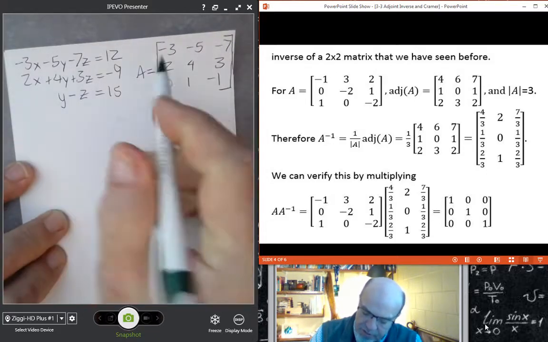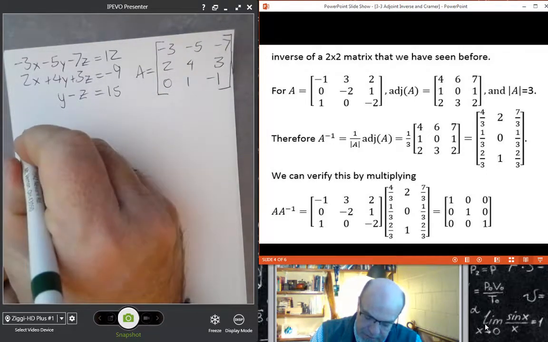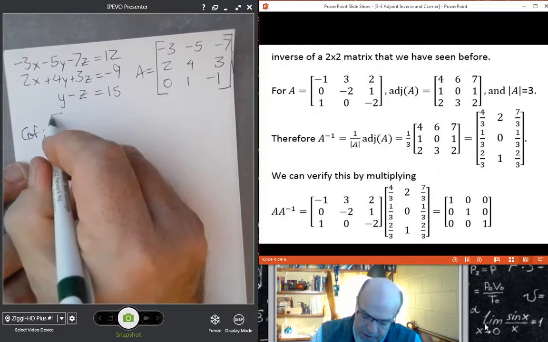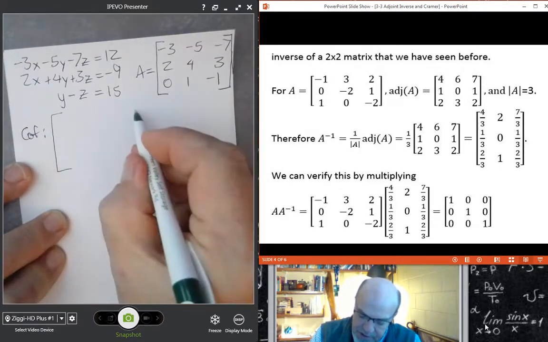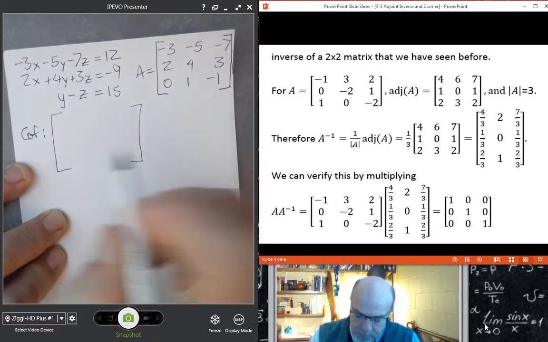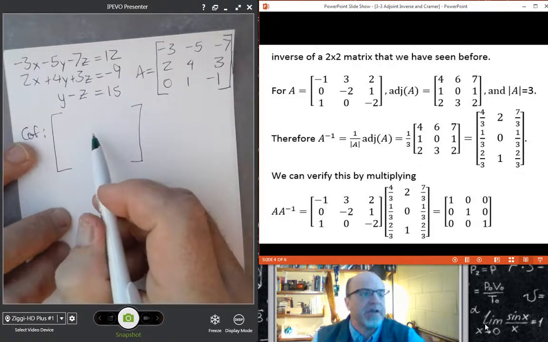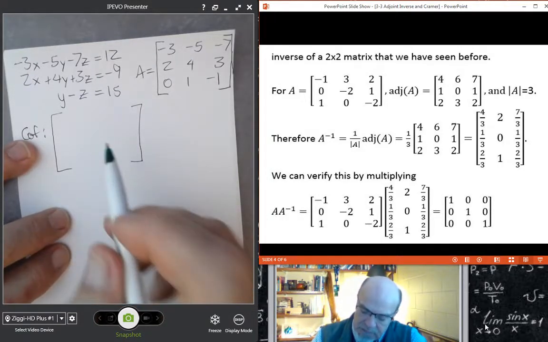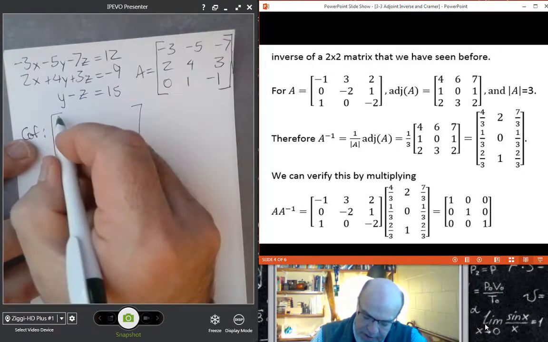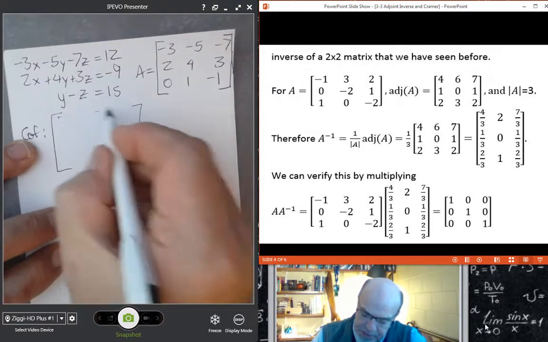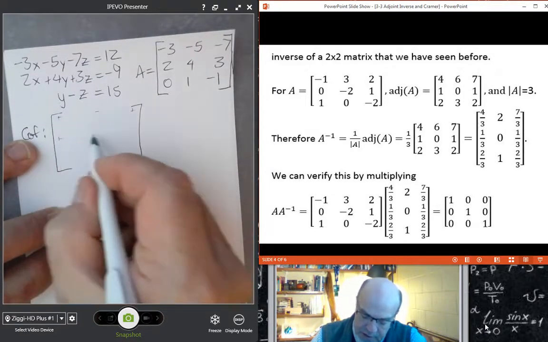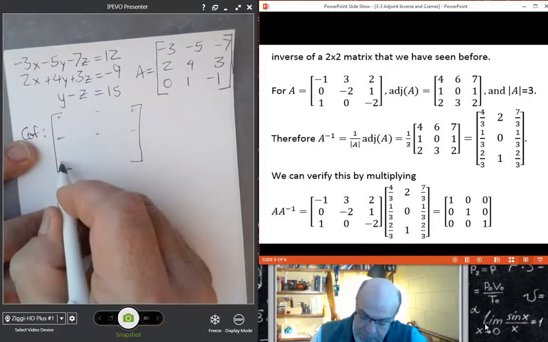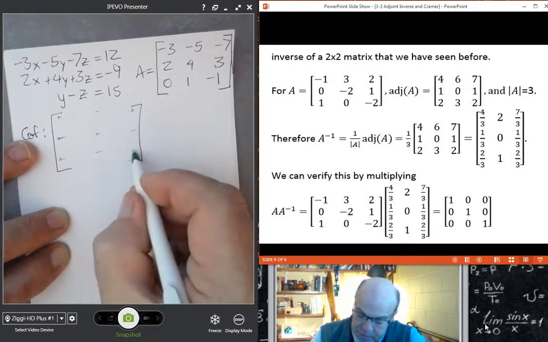So first of all, let's just look at the cofactor expansion, and then we'll take the transpose of this. After we take the cofactor expansion, we'll take the transpose, and that'll give us the adjoint. Okay? So remember, we've got this pattern of plus, minus, plus, plus, minus, plus, minus, plus, minus, plus.